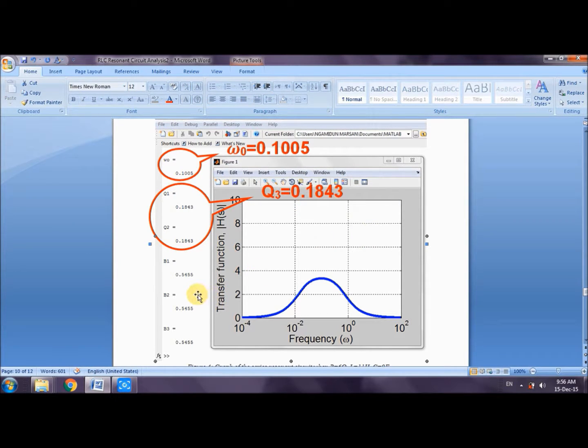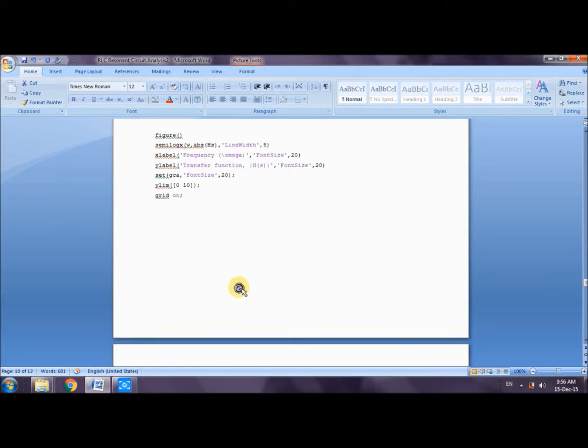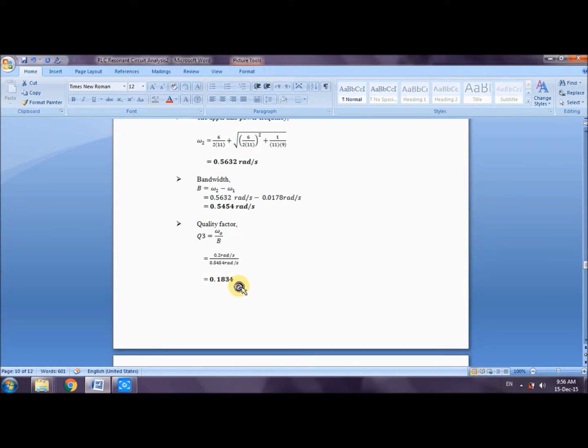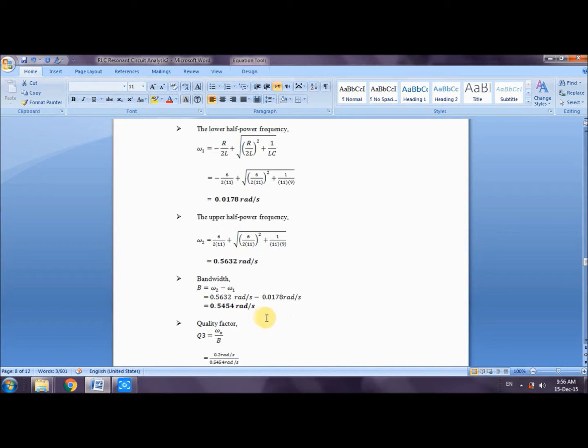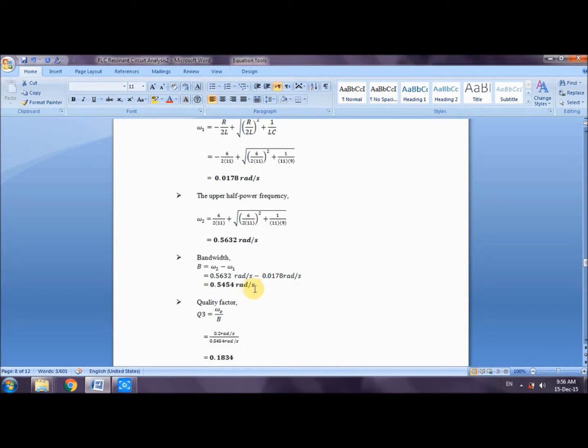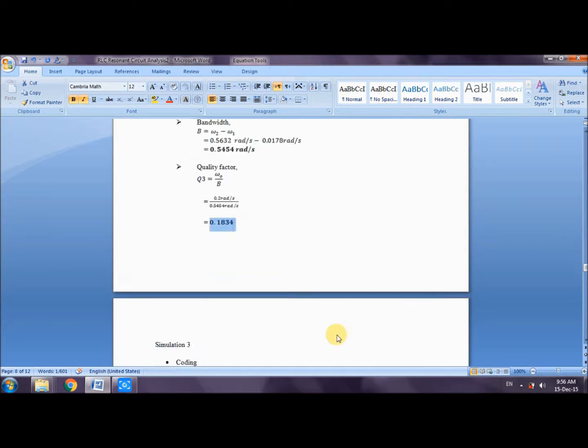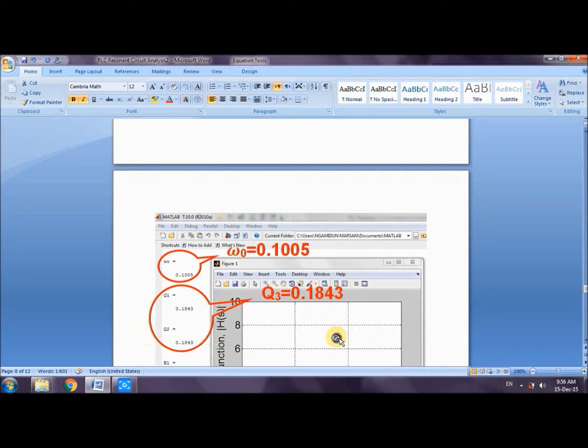Okay, now let's compare with the result from our manual calculation, where for the resonant frequency we got 0.1, the bandwidth we got 0.5454 radian per second, and the quality factor we got 0.1834. It's the same as the result from MATLAB.